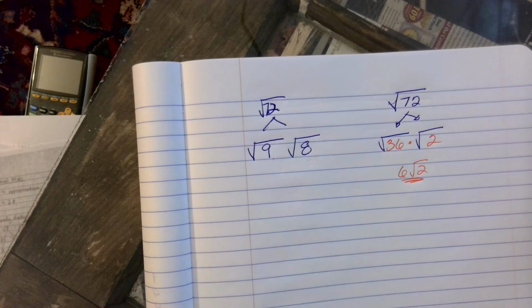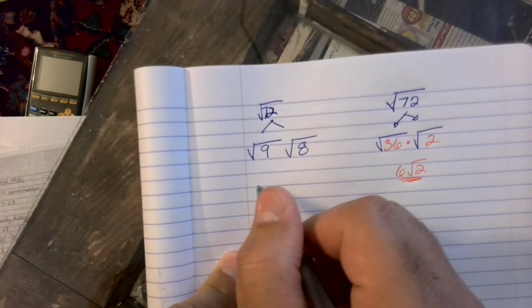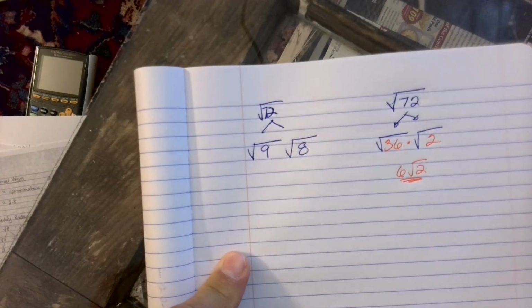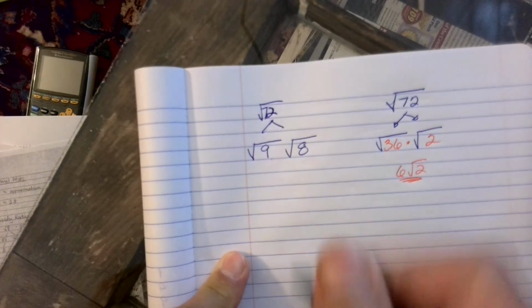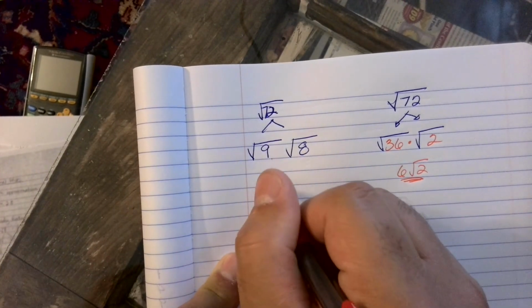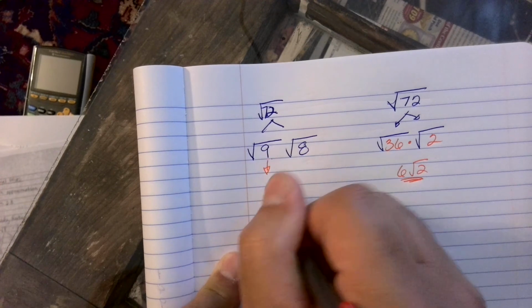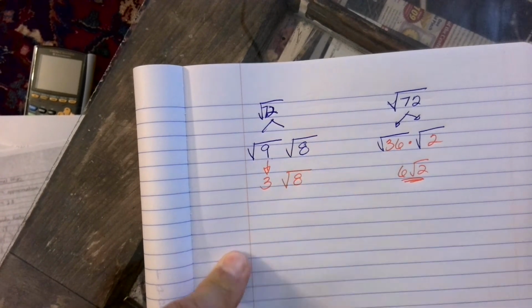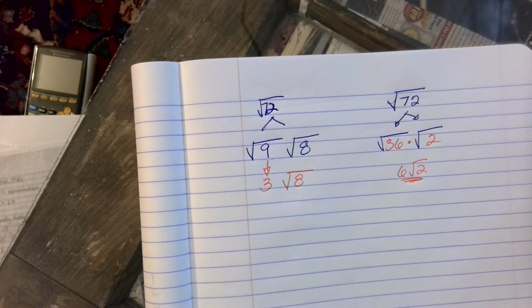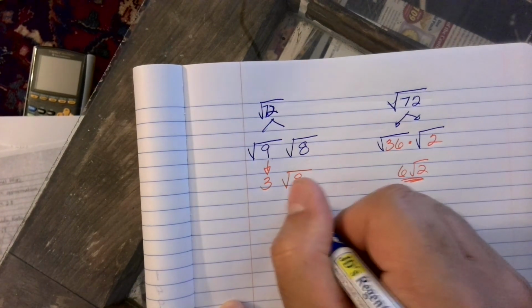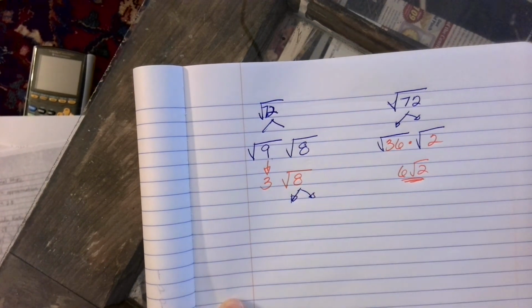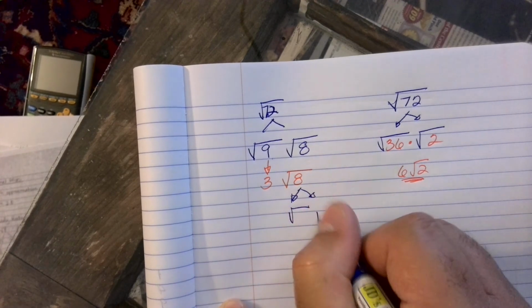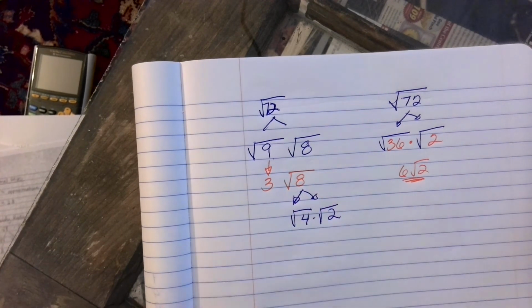This will still work, but this is kind of like when you reduce a fraction and you don't use a large enough multiple. Like if you keep doing it by 2, you do it over and over again. So here we could do the square root of 9 is 3, and here we have a square root of 8. Well, the square root of 8 could be simplified further, right? 8 could be broken up as 4 and 2.